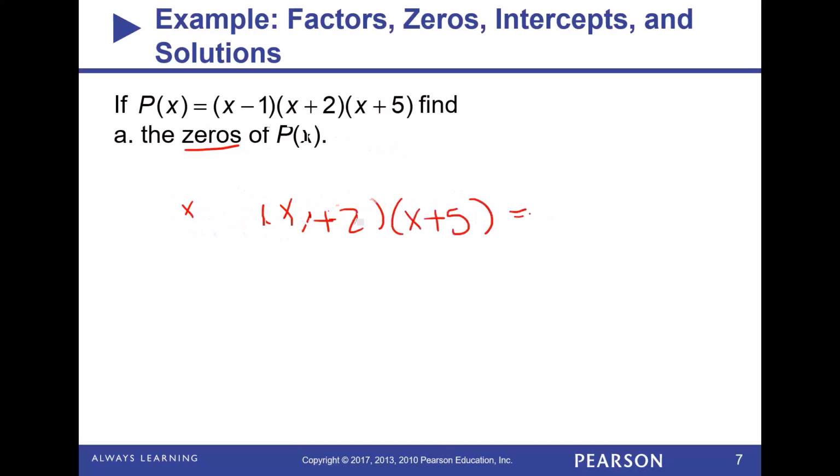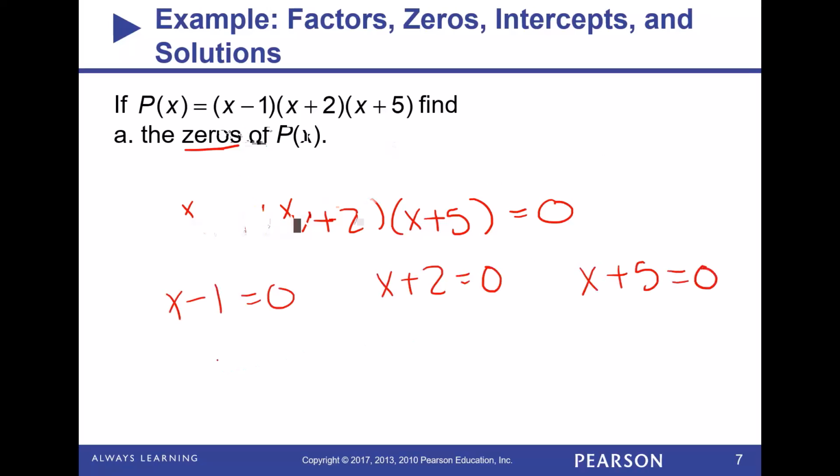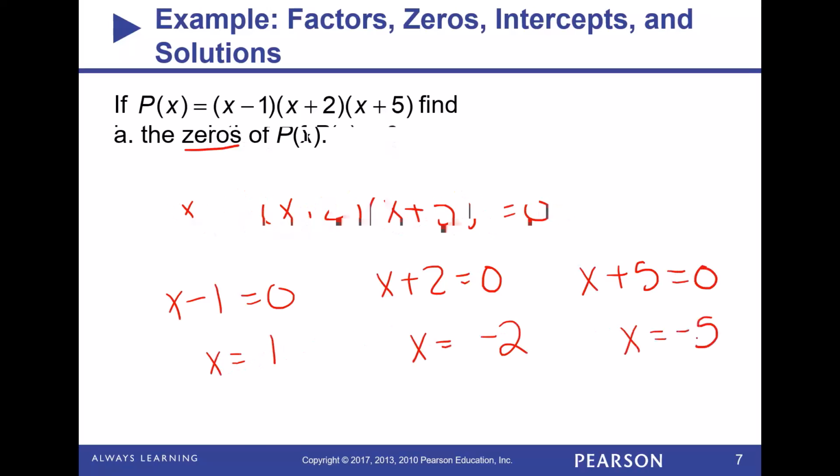No matter how I word the instructions, each time I'm going to set that polynomial and each one of its individual factors equal to 0 and solve out. And again, we still get x equals 1, x equals -2, and x equals -5.